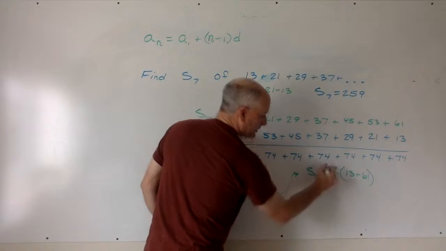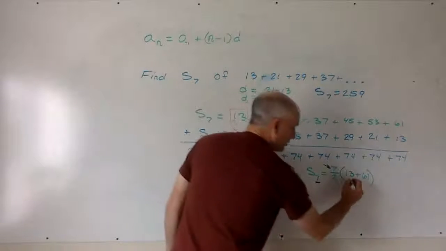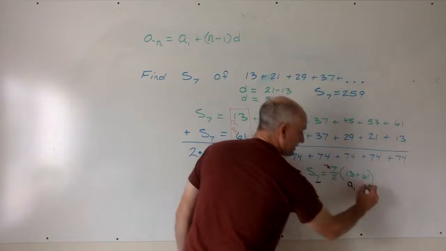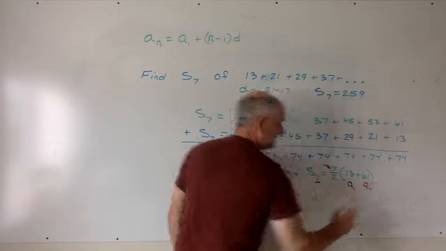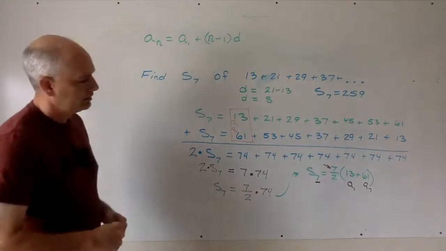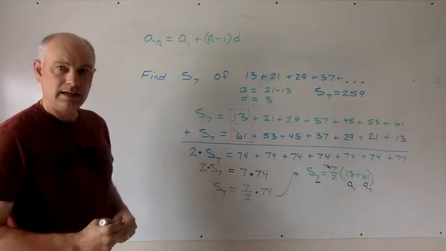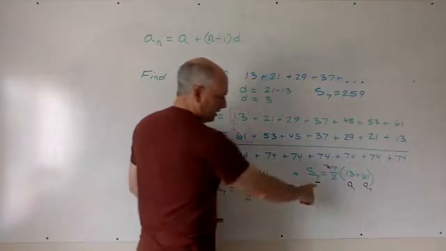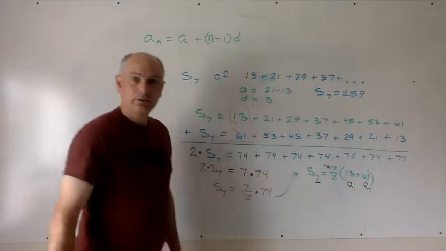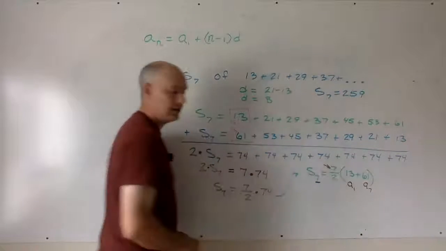Here's a 7. There's a 7. 13 is A sub 1. 61 is A sub 7. It kind of looks like here's an n value. There's an n value. And there's an n value.